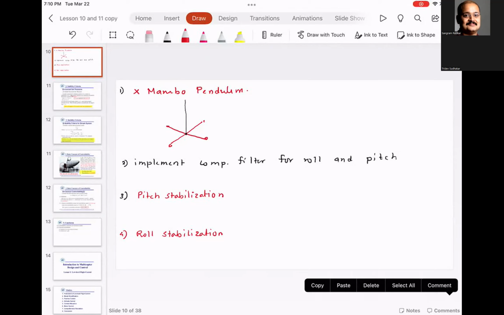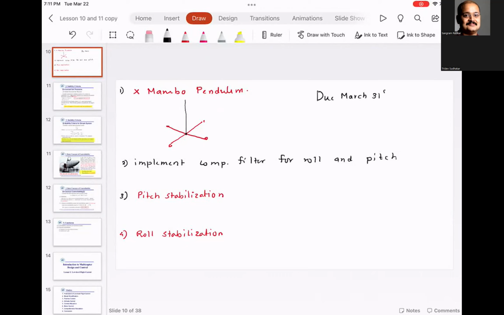Once you are comfortable, gradually you would increase the thrust, and then you will have that Mambo flying at level flight. That is what we are going to do, and you have 1 week. It will be due next Thursday, which is March 31st.